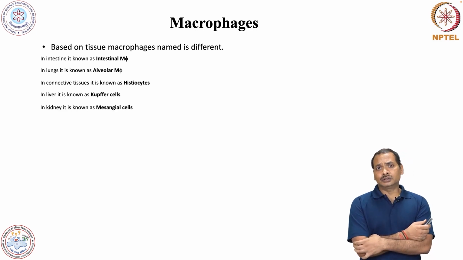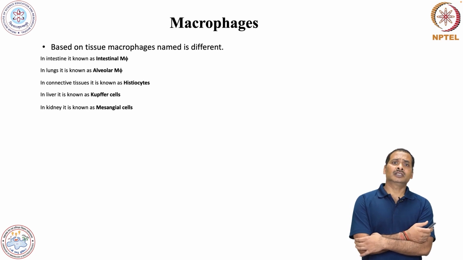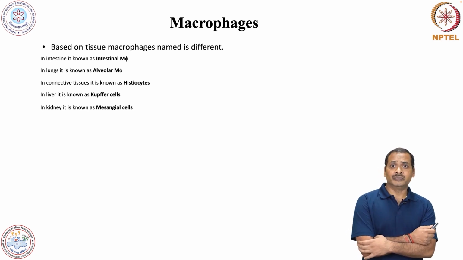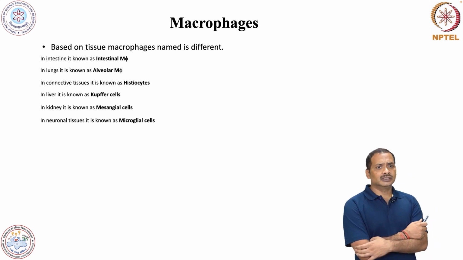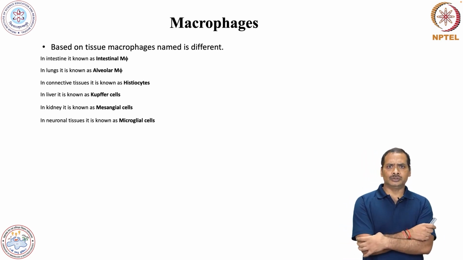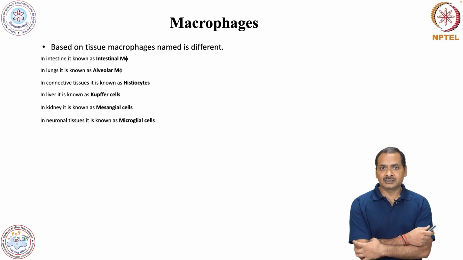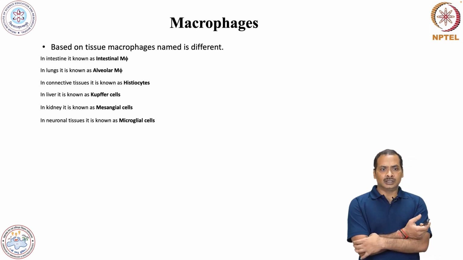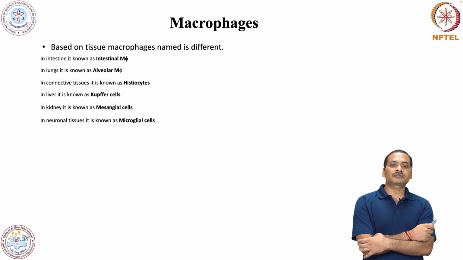In kidneys there are also cells which can phagocytose, called mesangial cells, and in the nervous tissue there are specialized phagocytic cells called microglial cells.